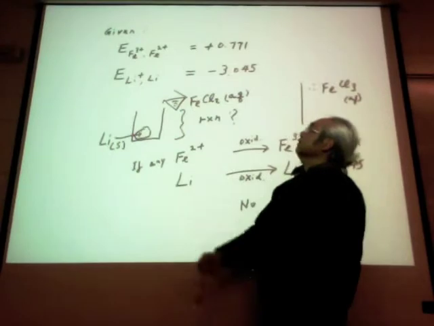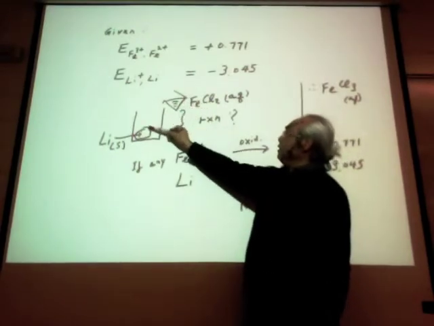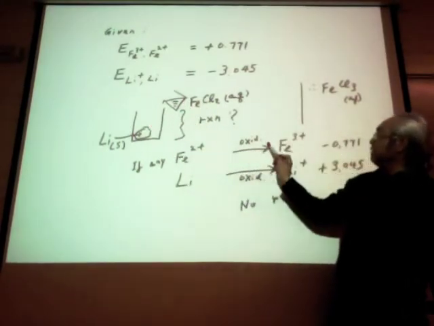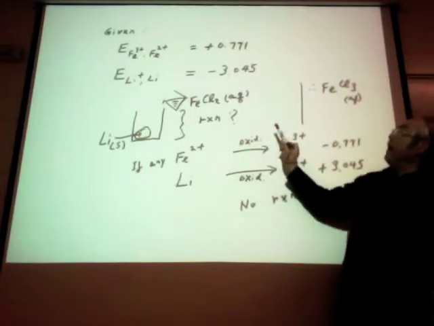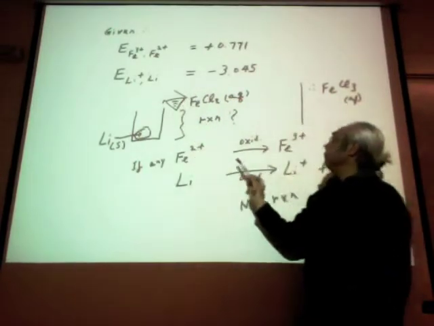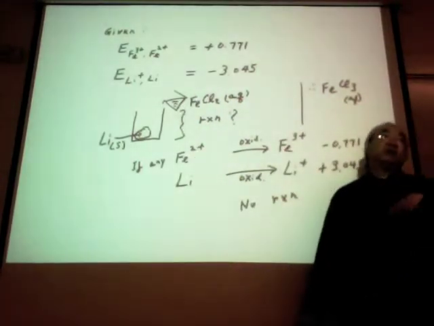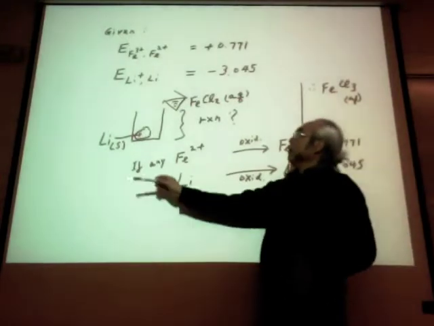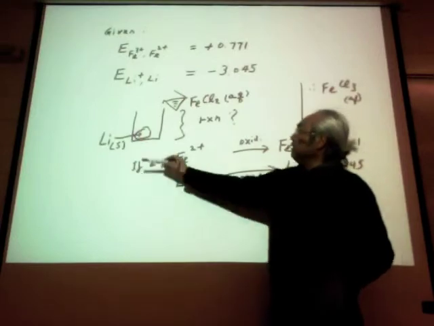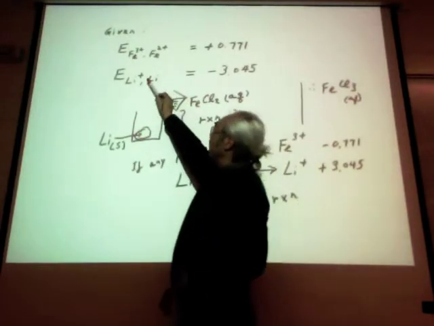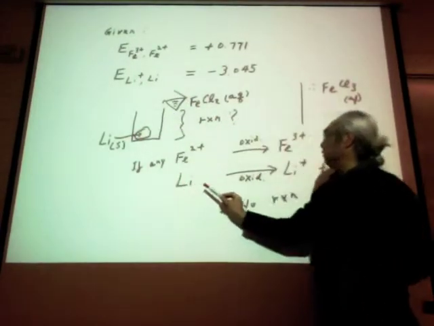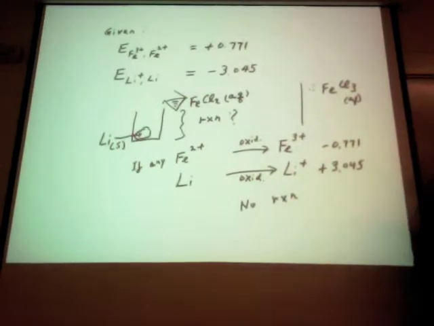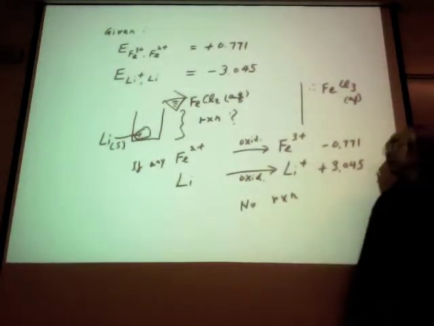Looking at this here, in case the 2 plus reacts to form that, based on the information, it must be 3 plus. We don't care whether it's neutral Fe in this case. For lithium, on the other hand, in case anything happens, it's going to be oxidized. So lithium is going to be oxidized. Like that, then it will be like this.